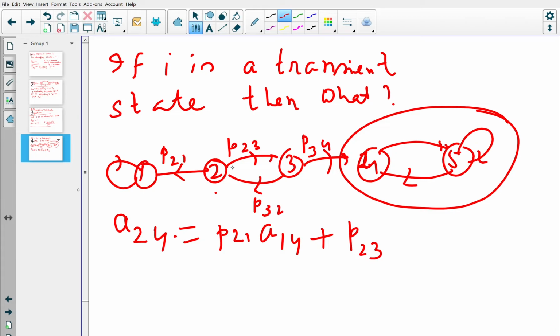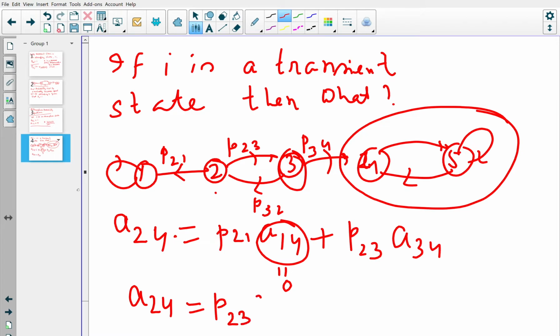When you go from 2 to 3 with probability p23, you end up at 3, and you are asking what is the absorption probability from 3 to 4. So this is a34. But you know that a14 is 0, because 1 is also an absorbing state. So in this case, this will be p23 a34.